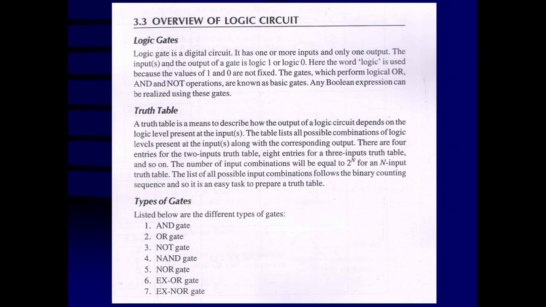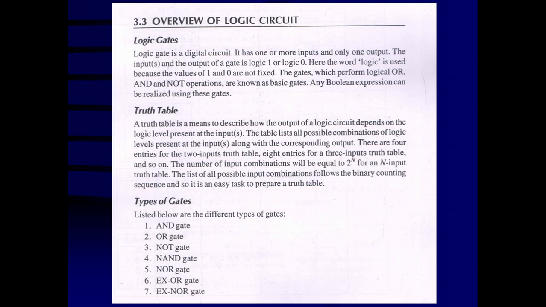So if there are two variables, 2 raised to 2, that means 4 combinations are possible. If there are 3 variables, 2 raised to 3, that means 8 combinations. And if there are 4 variables, 2 raised to 4, that means 16 input combinations are possible.